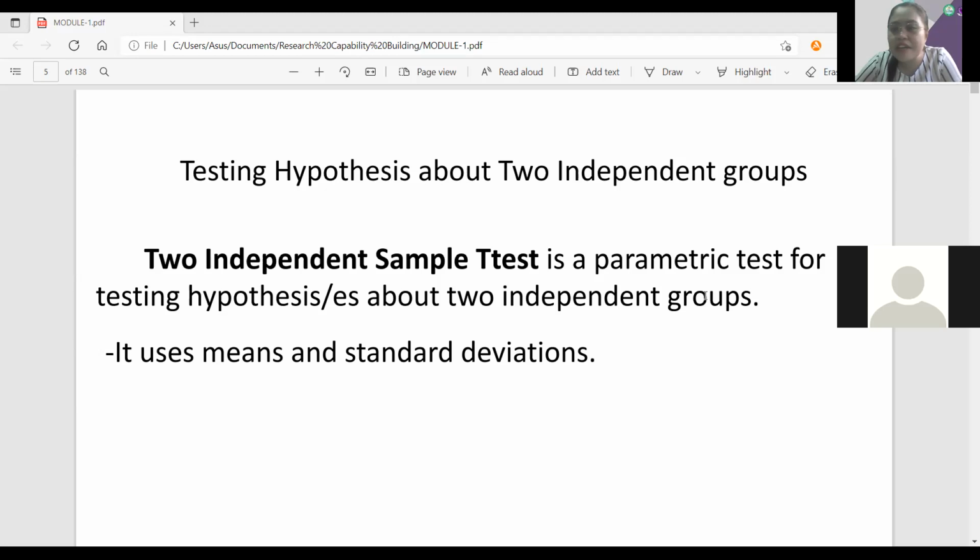So that would be very far from the usual scores. That's what we call extreme values or outliers. Now, if that happens to your collected data, the mean cannot be a representative. So it cannot be the center of the distribution, since this outlier will pull down or pull up, depende, your mean. So that's the time median and mode can be used for the measures of central tendency.